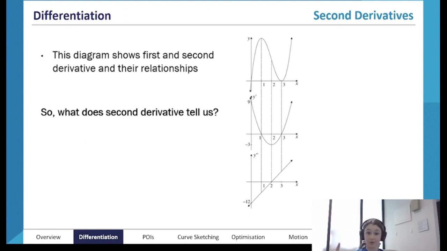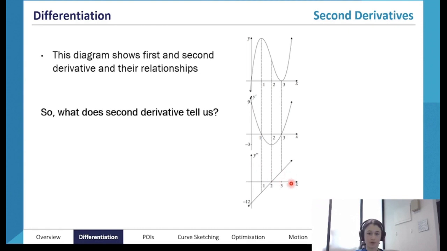And again, if I'm going too fast, you can absolutely pause the recording. So as you can see, we have our diagram here. This curve here is the original curve, y. This curve underneath is the derivative, y dash. And this third curve here is the second derivative.